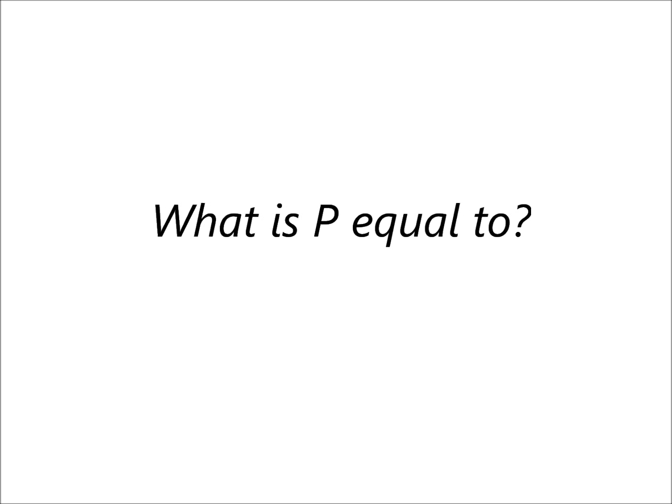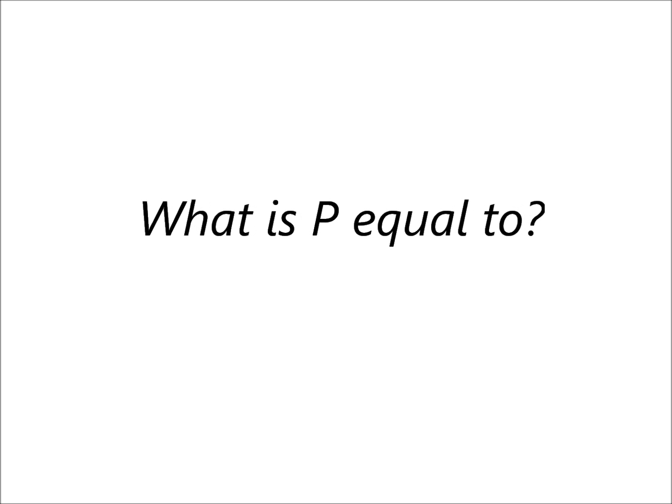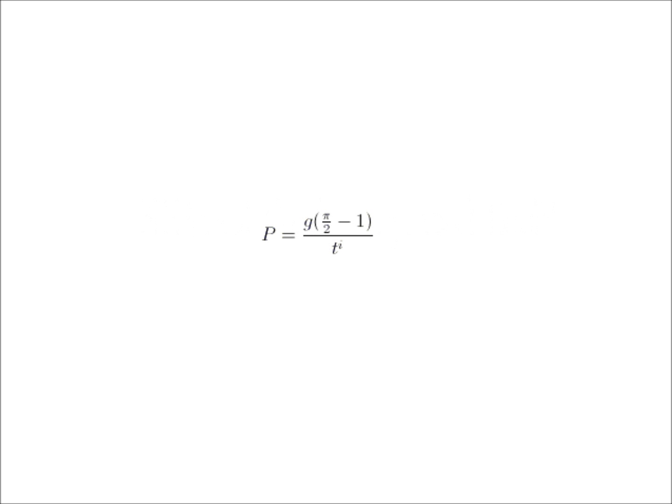If you know the time constant, which can be found with the previous equation, you could easily find the variable of p. P, in this instance, is equal to the gravitational acceleration times the difference of pi divided by 2 minus 1 divided by the time constant. Here's an interesting fact. Pi divided by 2 is equal to the variable p divided by the gravitational acceleration times the time constant plus 1.